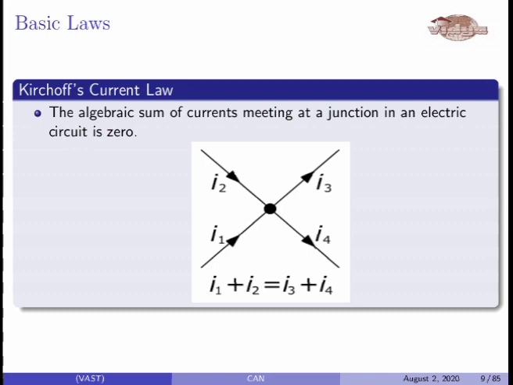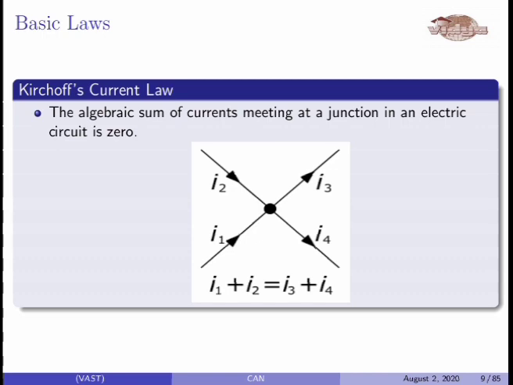So, at any node or at any junction, algebraic sum. What do you mean by algebraic sum? You have to consider the direction of the current. If the currents are entering, it is known as incoming current. If the currents are leaving, they are known as outgoing current. So incoming current is equal to outgoing current.